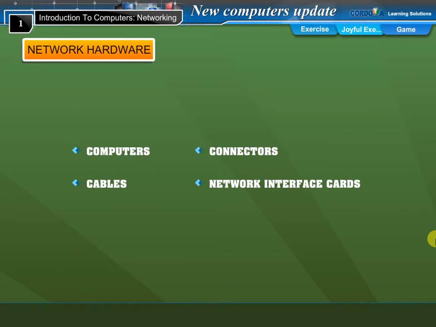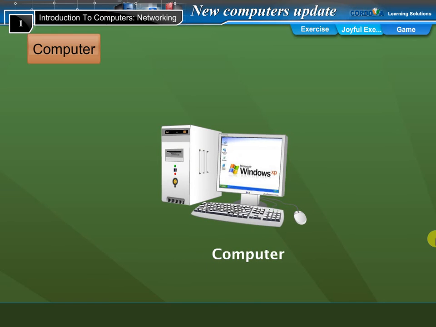Network hardware. Network hardware includes the physical components that are used to create a network. All computer networks require at least the following network hardware. Computer. The most important job of a network is to link computers together.